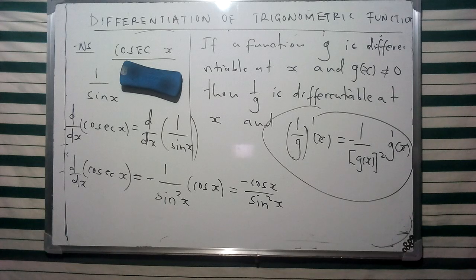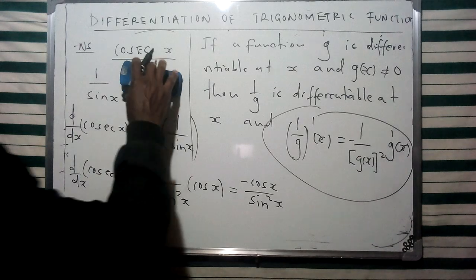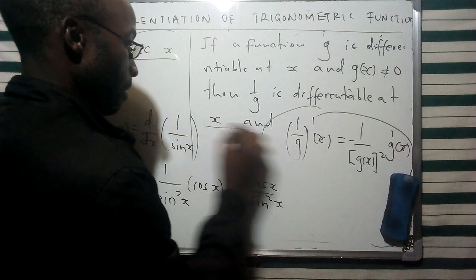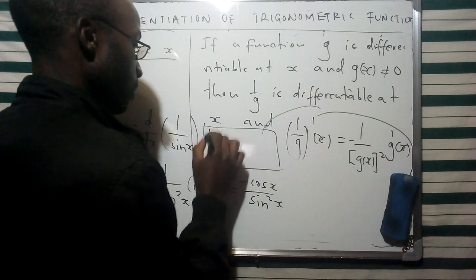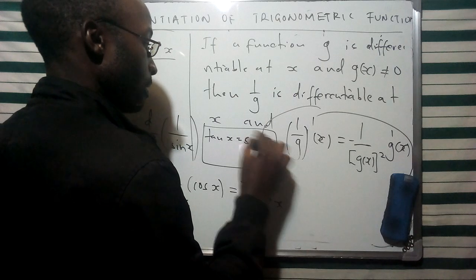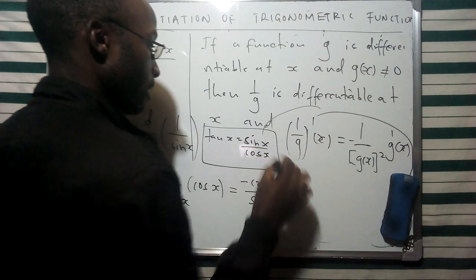If we split this, the cosine x over the sine x is what we refer to as cot x. We have said that tan x is given as sine x over cosine x.